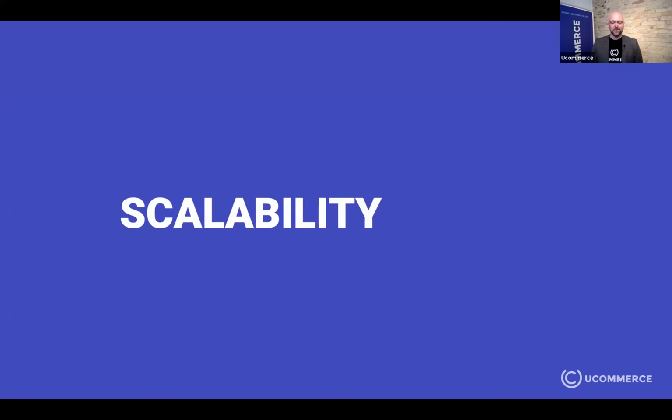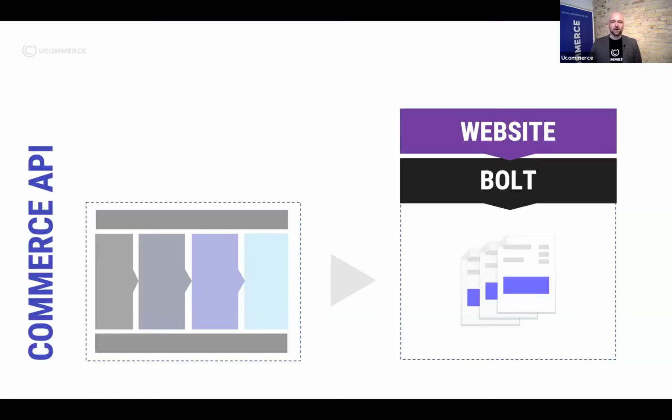And so with Ucommerce 9.0, we shipped a new technology called Bolt, which is the new commerce API of Ucommerce, which was designed to deliver super snappy and fast results to customers by basically taking all the flexible information within the e-commerce platform, indexing it to a search engine, and then making it available for the website.